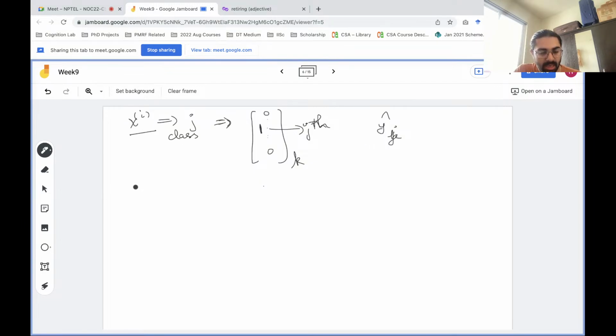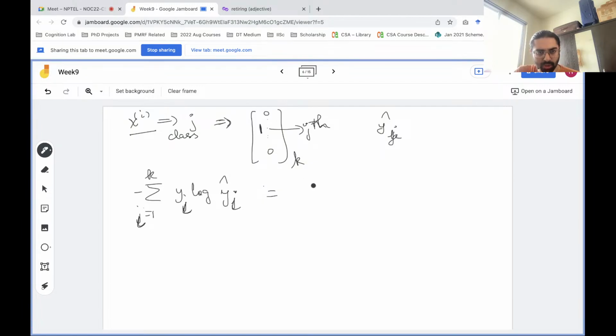Because what will end up happening is, in your CE loss for this particular sample, all the values other than yj will be 0, and what we have for y will just be 1.